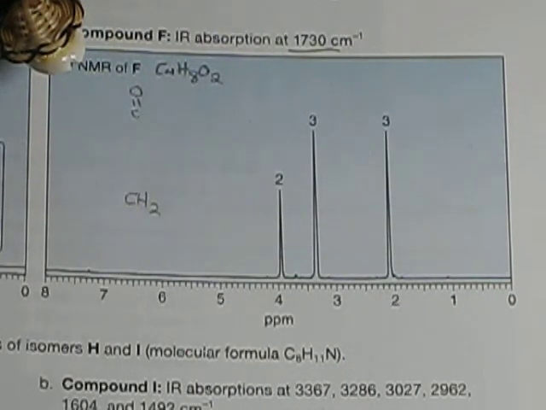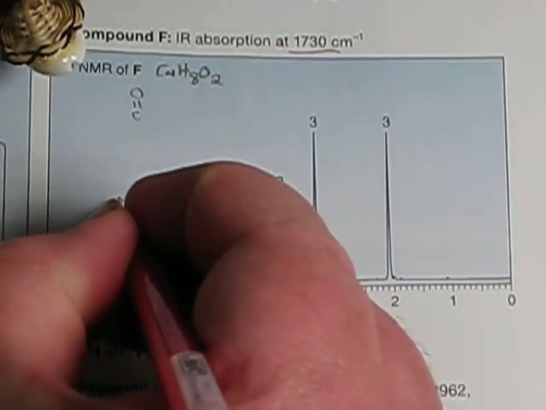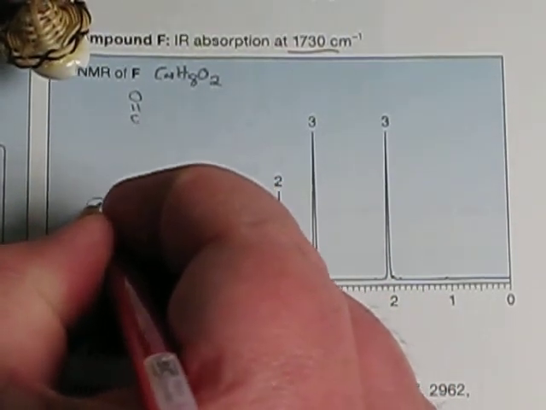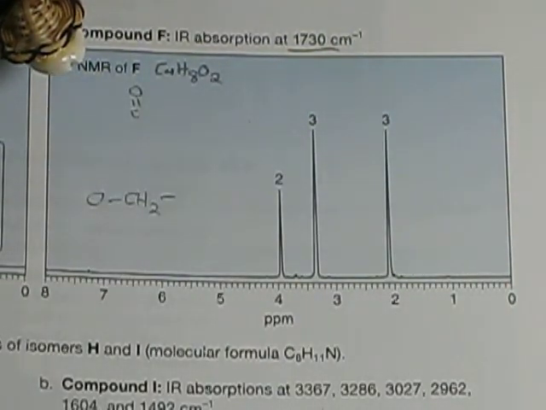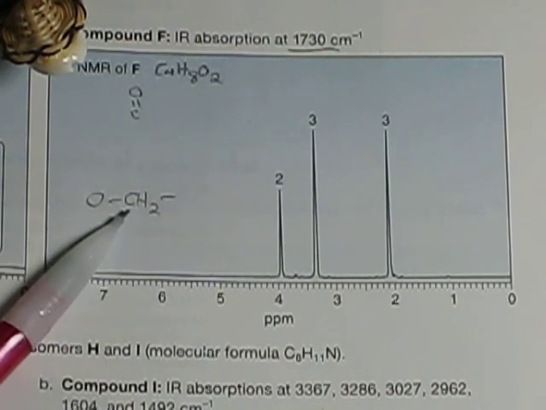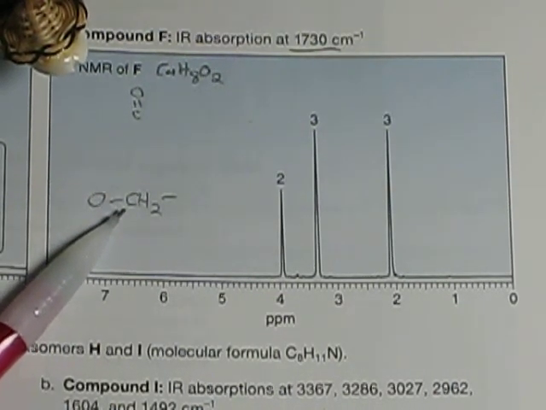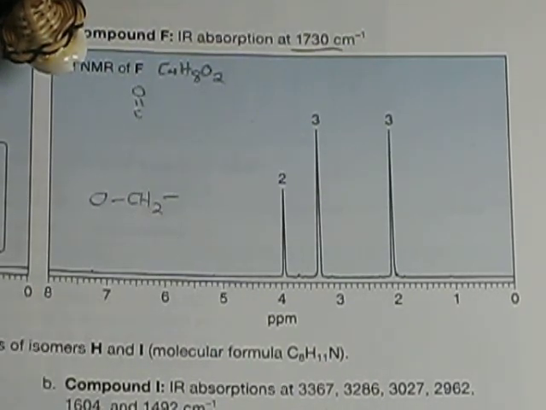It's at a chemical shift value of 4. Well, what would bring it down to 4? You look at our table. Oxygen brings it down to 4. What's on the other side? This carbon is bonded to 2 hydrogens and oxygen. That's 3 bonds. It needs one more bond to something. What could it be?